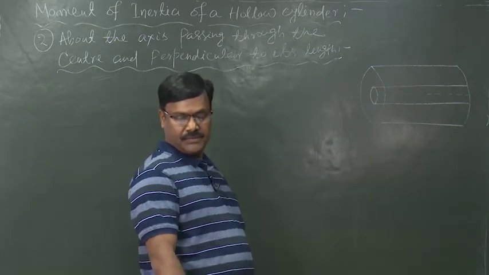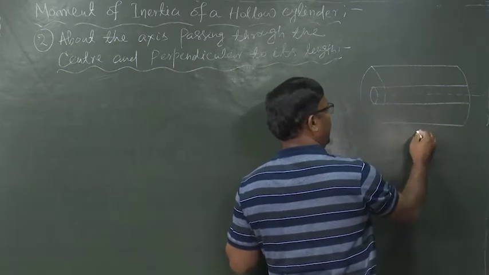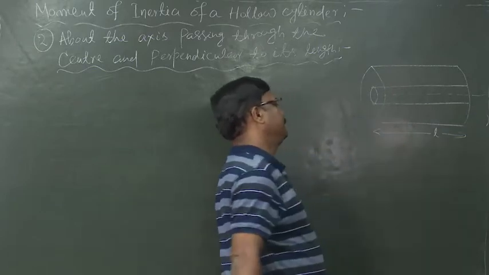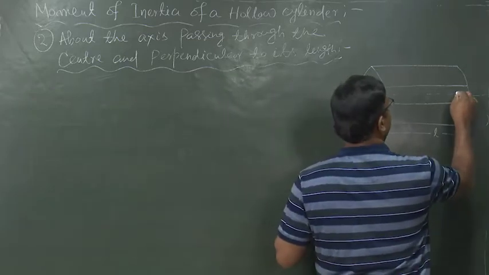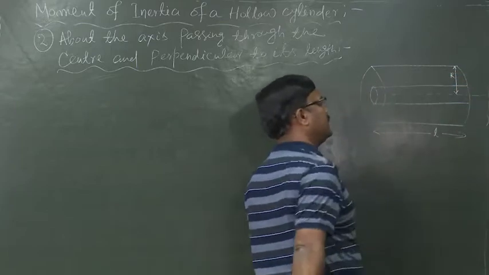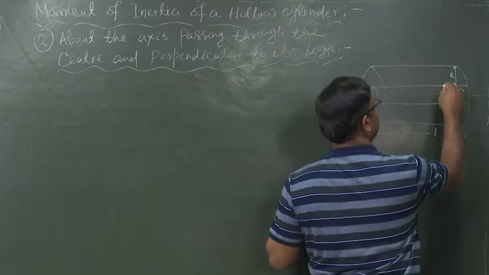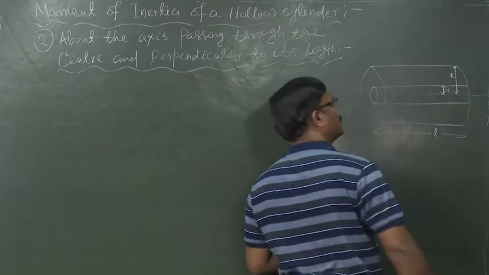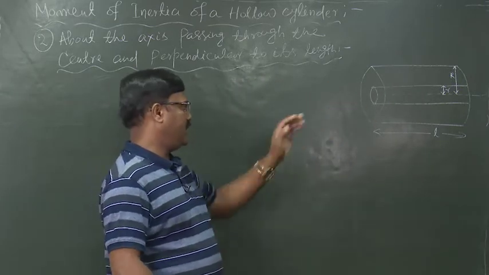Here we have considered a cylinder of length L. L is the length of the cylinder. Capital R is the external radius of the cylinder. Small r is the internal radius of the cylinder.